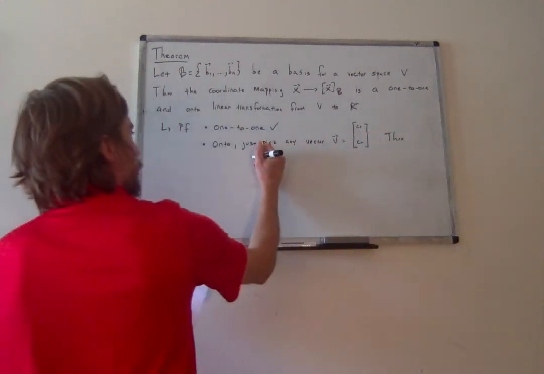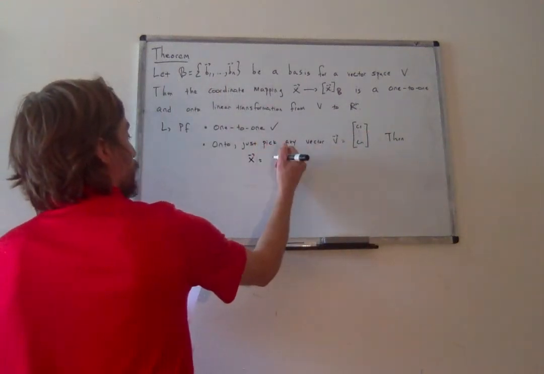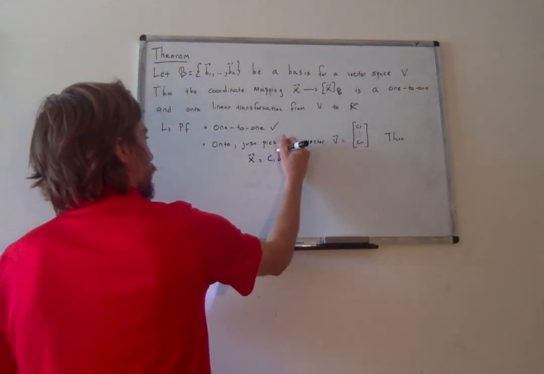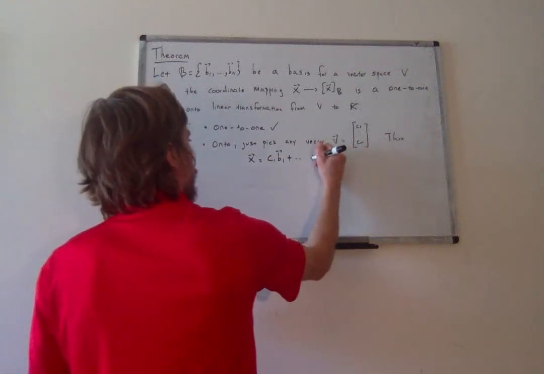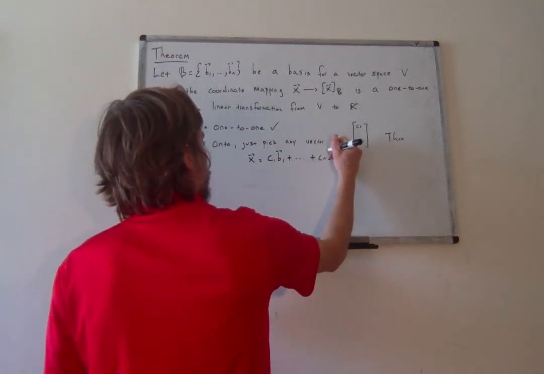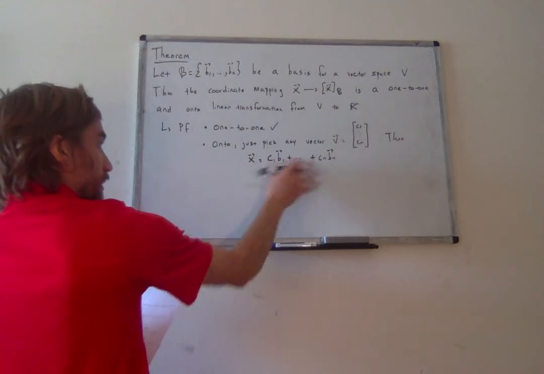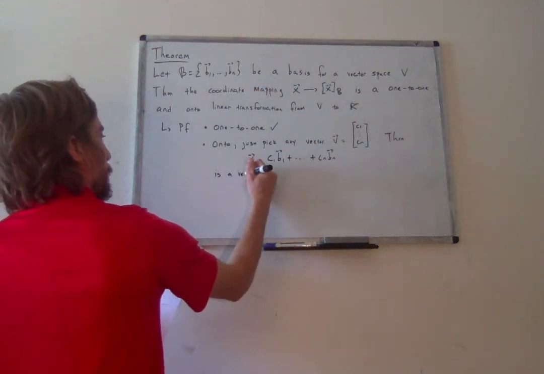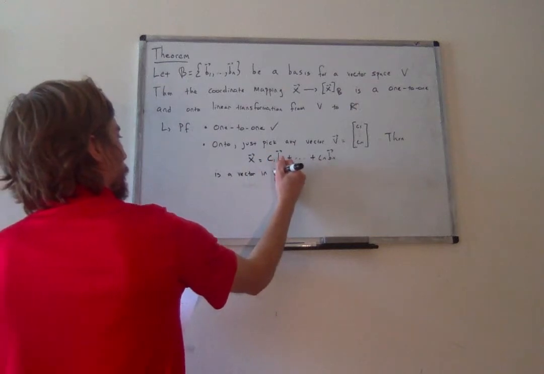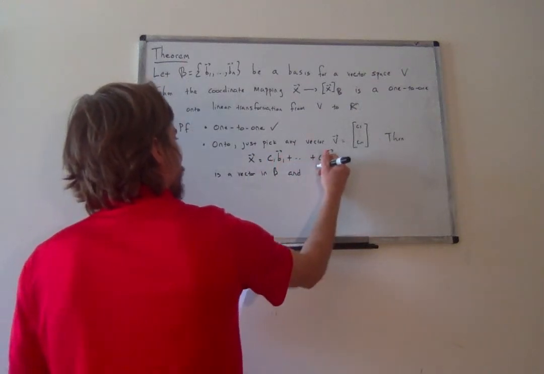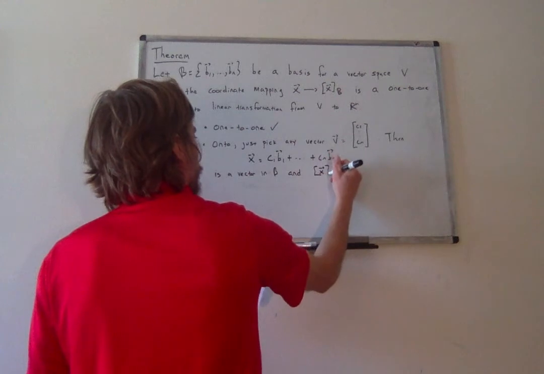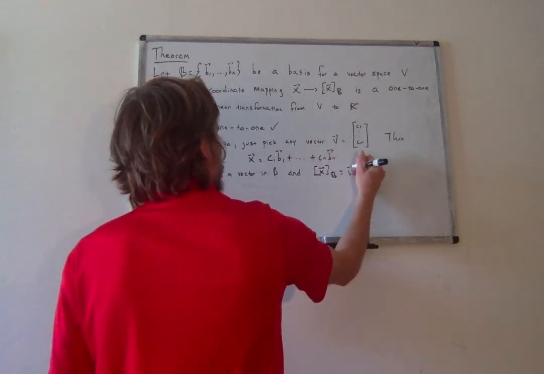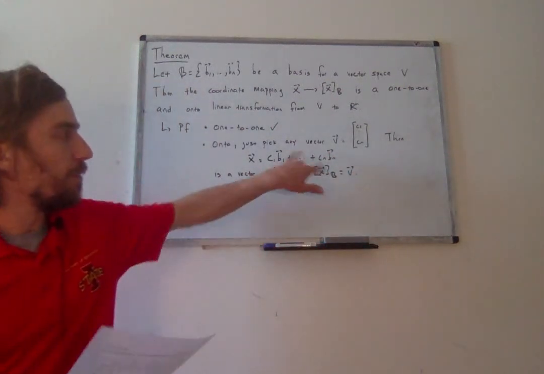Then notice the vector x in V, which is defined by this linear combination, has B coordinate representation equal to v by definition.